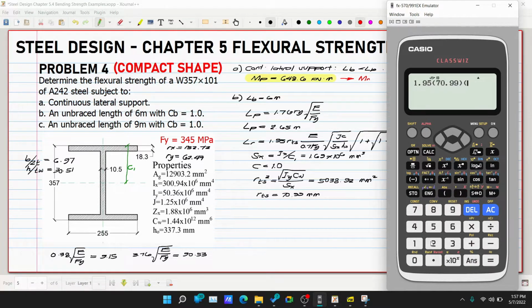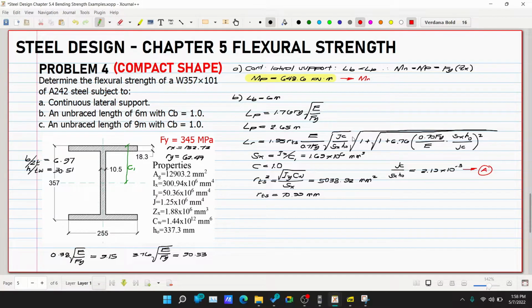And then, E is 200 times 10 raised to 3 over FY, over 0.70 of FY 345, multiplied by square root of yung ating A. Multiplied by square root of 1 plus square root of 1 plus 7.76 multiplied by 0.70 of FY over 200 megapascal multiplied by kabaliktaran na to, so reciprocal lang siya.